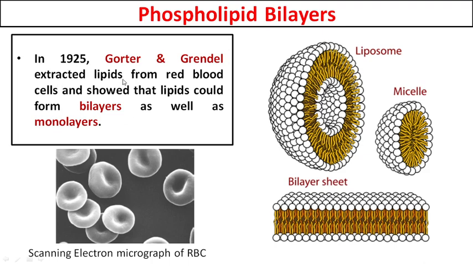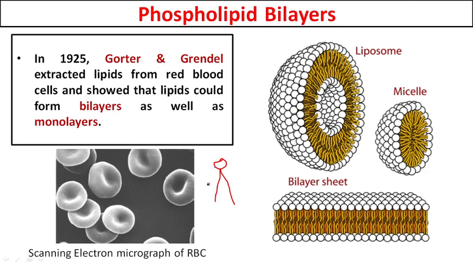So they extracted lipids from red blood cells and showed that lipids could form bilayers as well as monolayers. Let us see how the lipids were. They were actually phospholipids. They did not know what kind of lipids there were, but when they extracted them from the cell membrane of RBC, they found such kind of phospholipid. Now this phospholipid can get arranged in any manner, right?